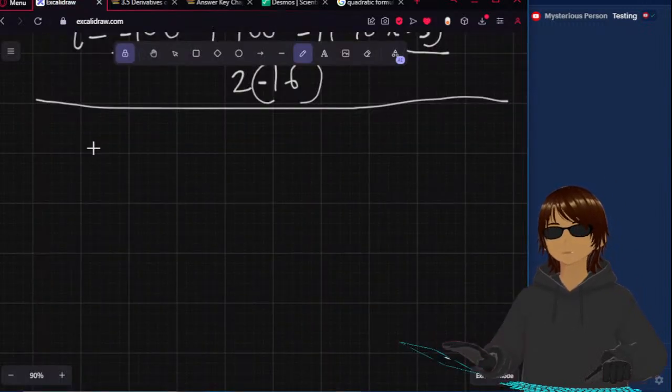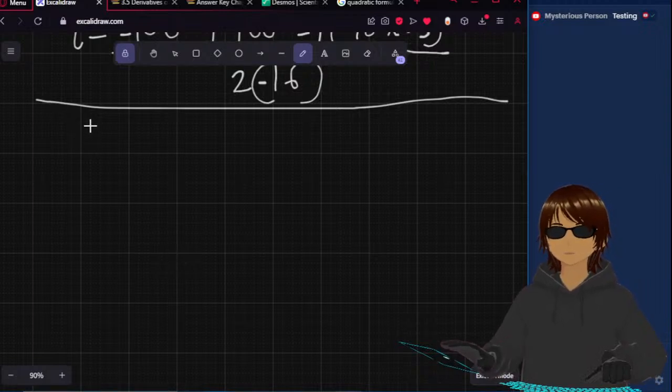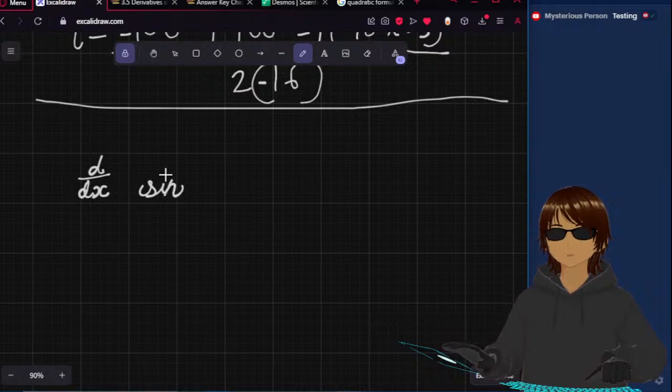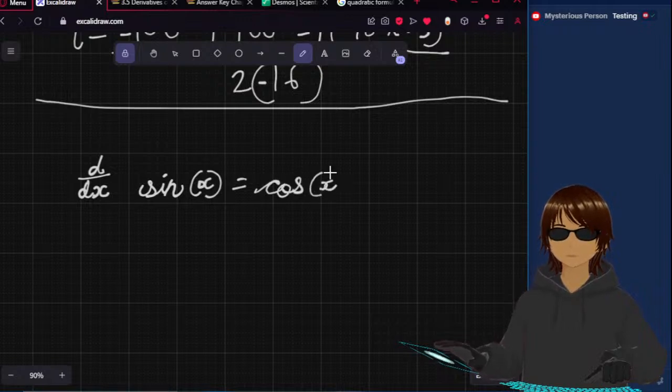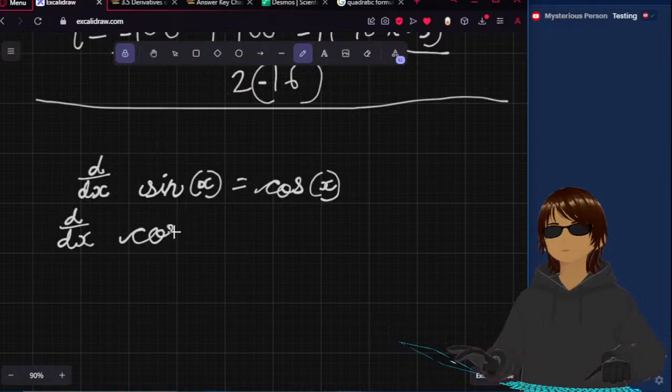So, if I write them here, derivative of sine x is cos x, and then for cos it's minus sine. I have them all written in my website, if you guys want to check out the proof.